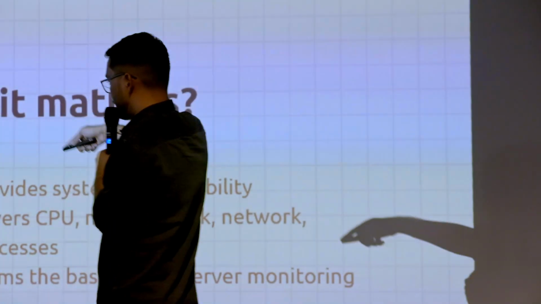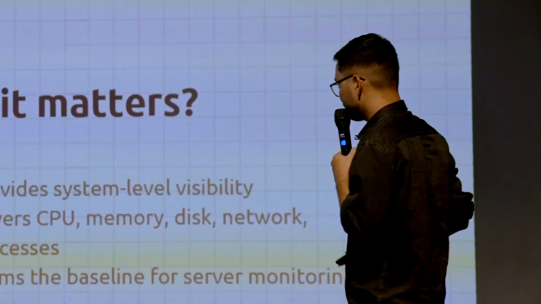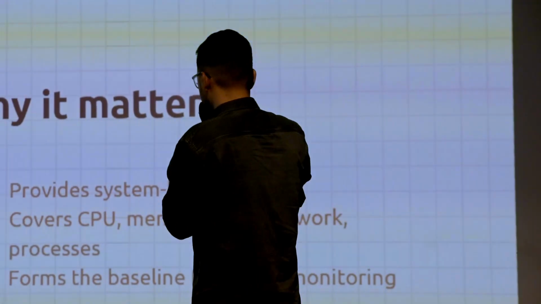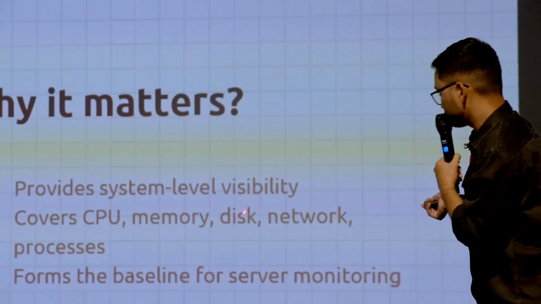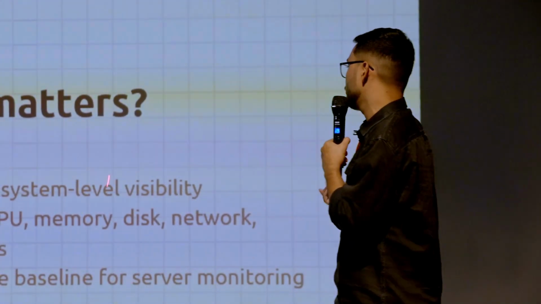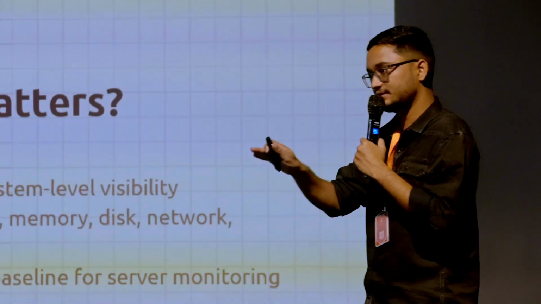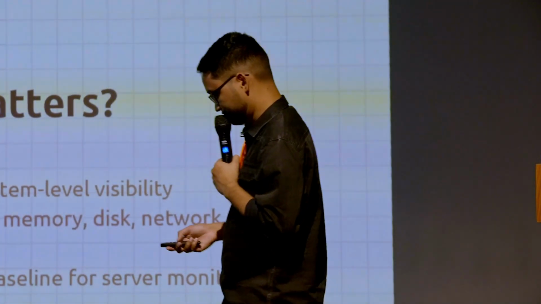It is very lightweight, and it exposes metrics via an HTTP endpoint. And why does it matter? Because it provides system level visibility. Also, it covers CPU, memory, disk, network, and processor, and it is a baseline of system monitoring for Prometheus.